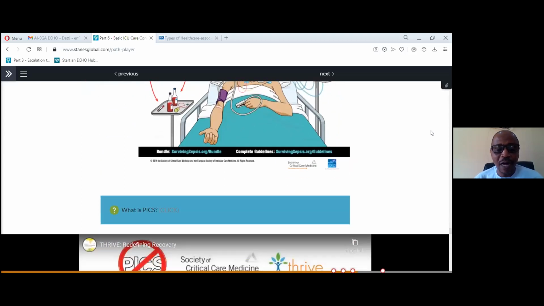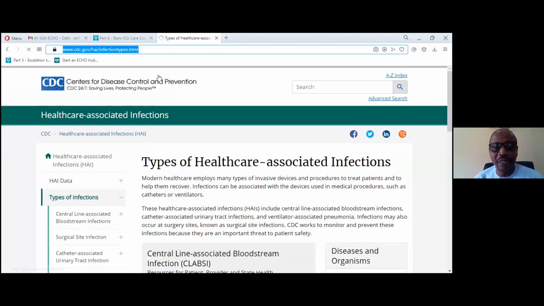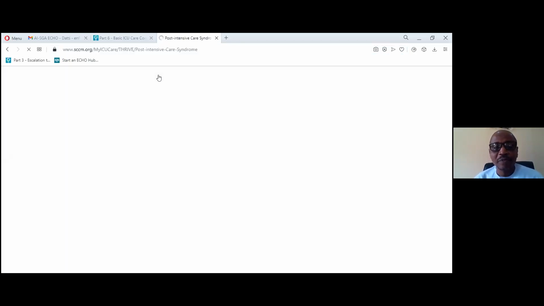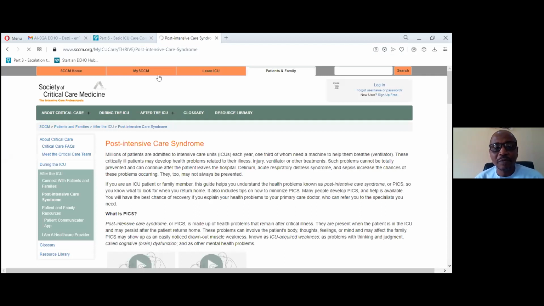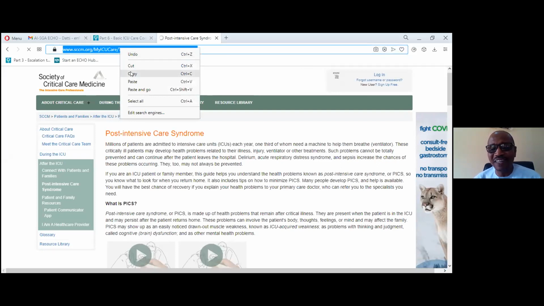Okay, so and then what is PICS? We can click and see what we have there. So this is a post-intensive care syndrome. And the post-intensive care syndrome is made up of health problems that remain after critical illness.